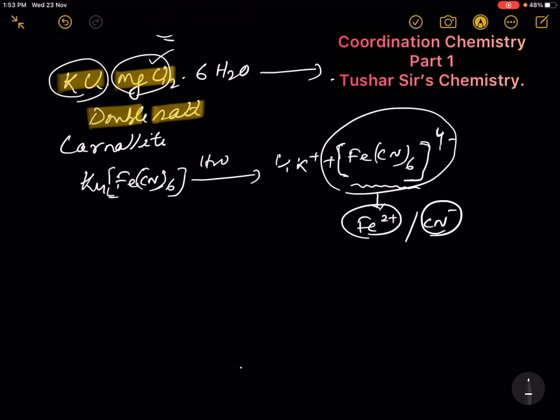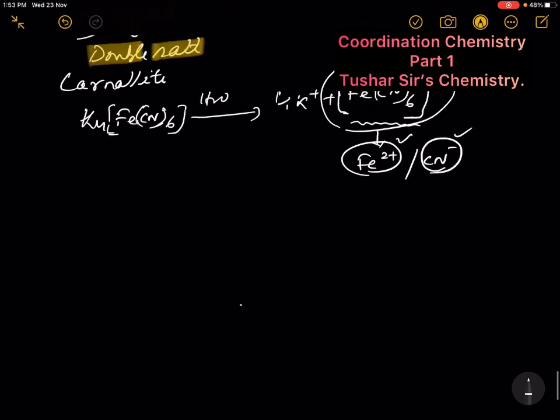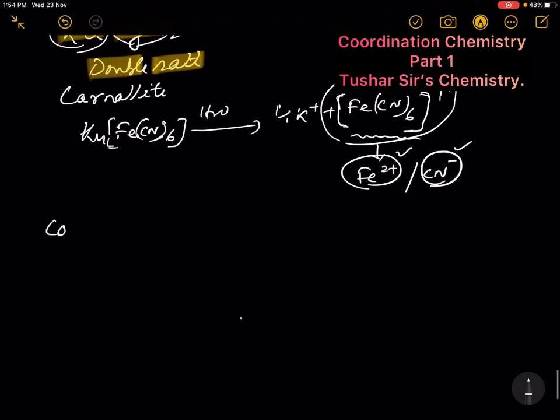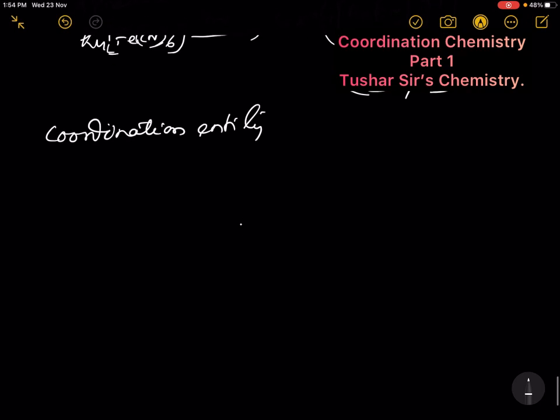Now we will discuss some terms in coordination compounds. Coordination entity. It constitutes a central metal atom or ion.